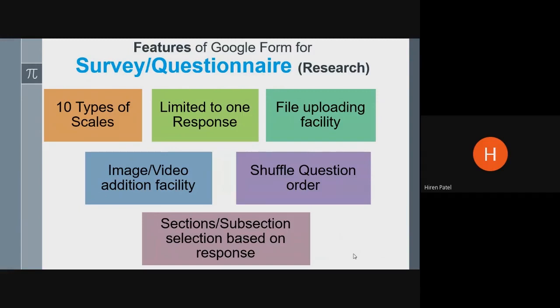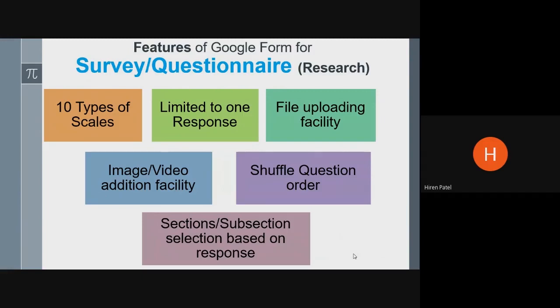Google Form is a free of cost service provided by Google and available to each one of us. All we require to use this facility is one Gmail account, nothing else. If we have one Gmail account, we can easily access Google Form and all these 6 features when we try to conduct the survey or fill up the questionnaire online.